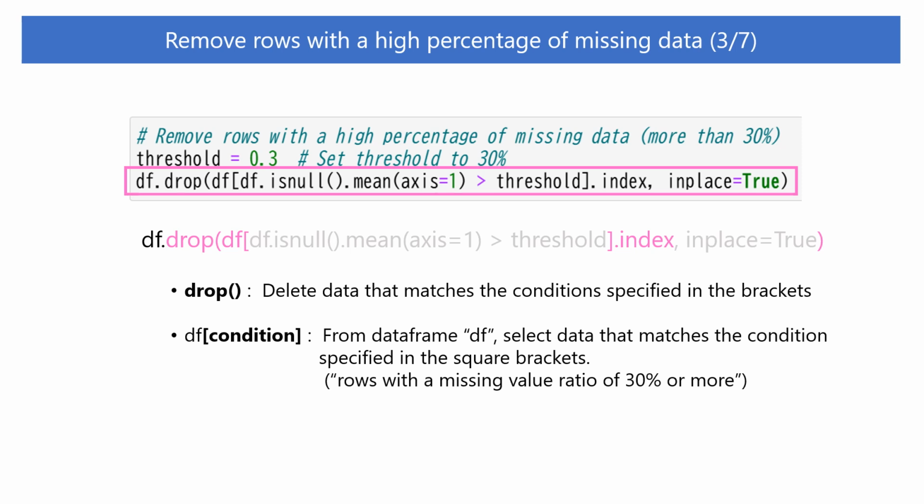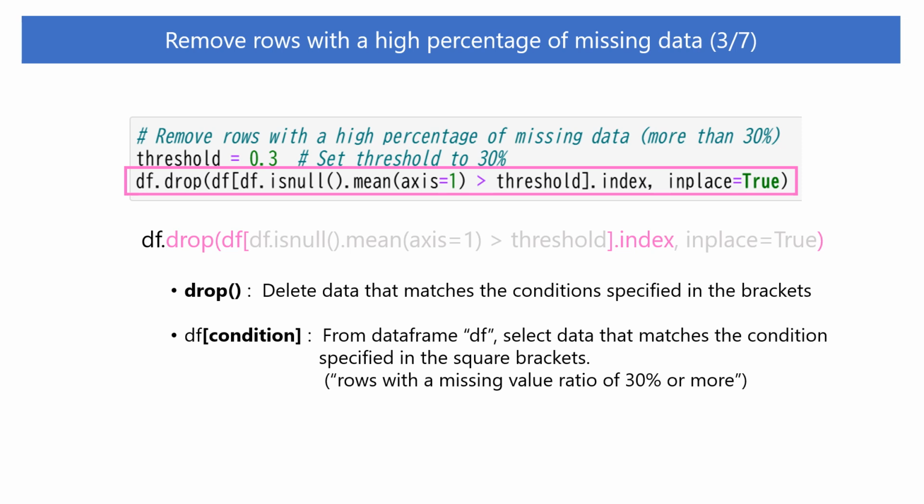This means that we will select only the data that matches the condition defined within the square brackets, and then obtain the index for that selected data. In other words, the code will extract the data that matches the specified conditions and then delete them using drop.